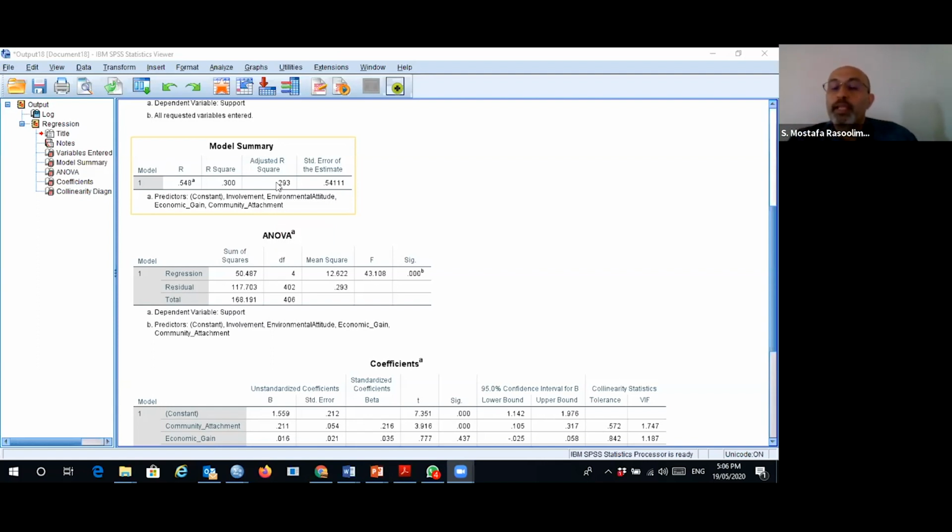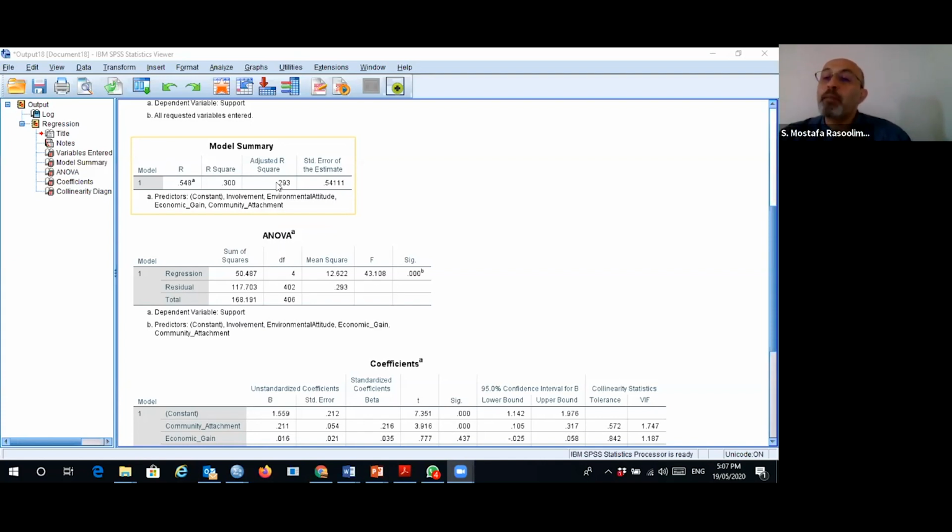So how to interpret R square? Based on your field, previous studies, and your research. Here, we actually want to see effect of some variables on support. Community attachment, support, attitude are variables in behavioral discipline. So we investigate behavior of people.